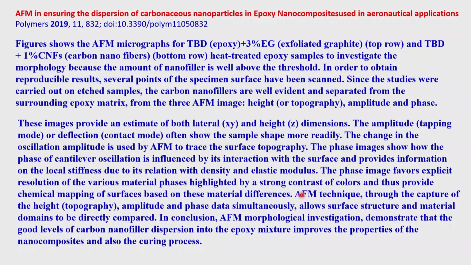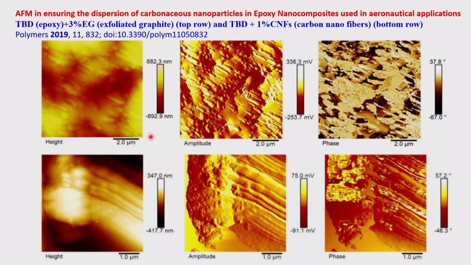So you can see that in these samples, the distribution of these things can be understood: how finely and how uniformly the nanofibers, in this case, and exfoliated graphites, in this case, are distributed, and their concentrations, their depths, and their profile in terms of roughness.